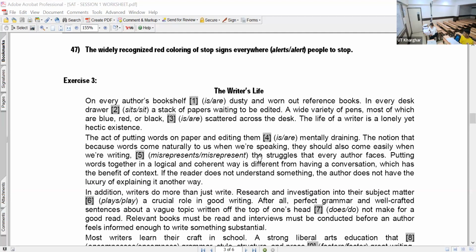So you know why it is misrepresented. Yes. So all were correct. What is this? Did you mark it wrong? Yeah.